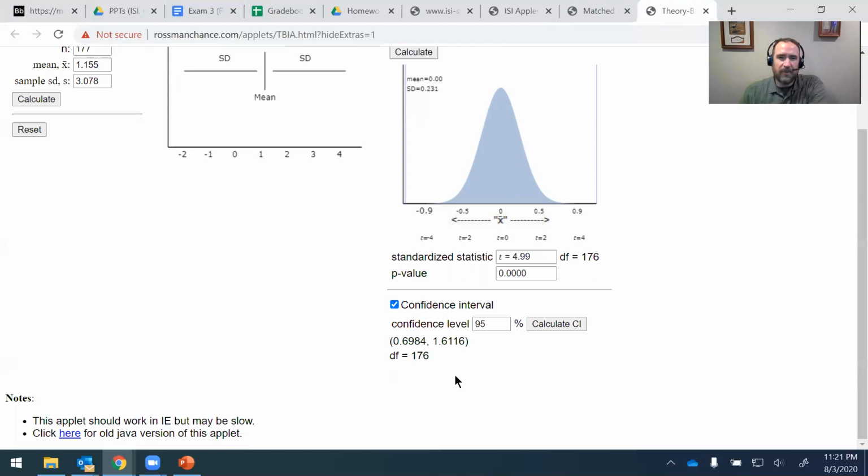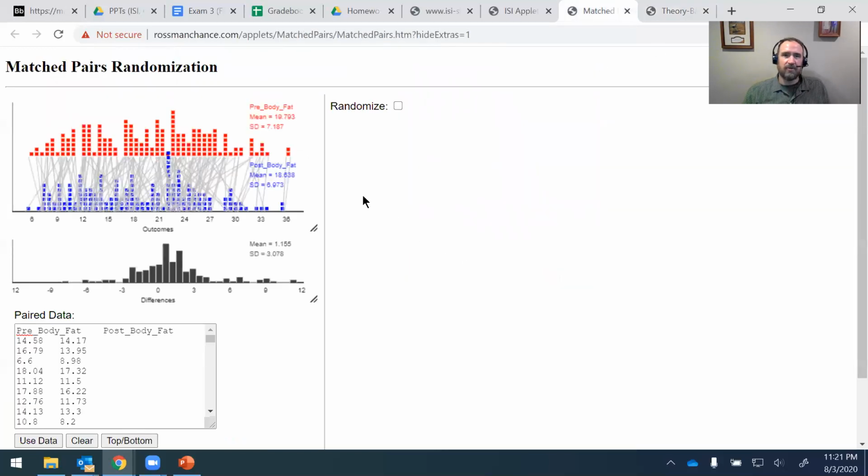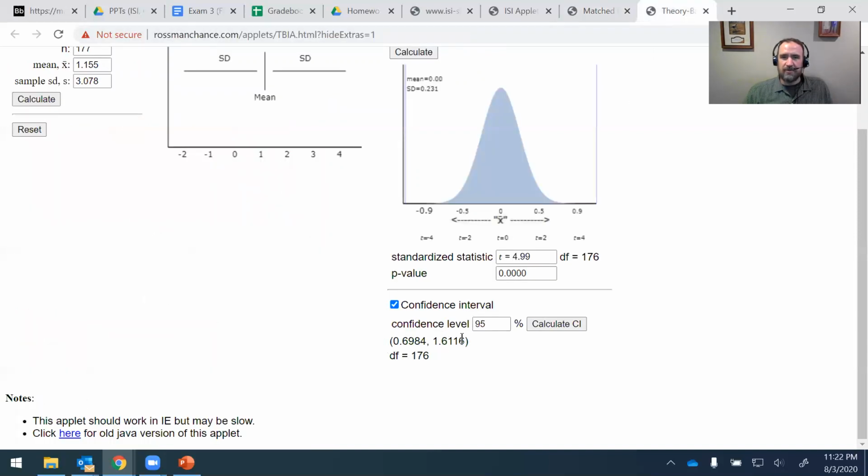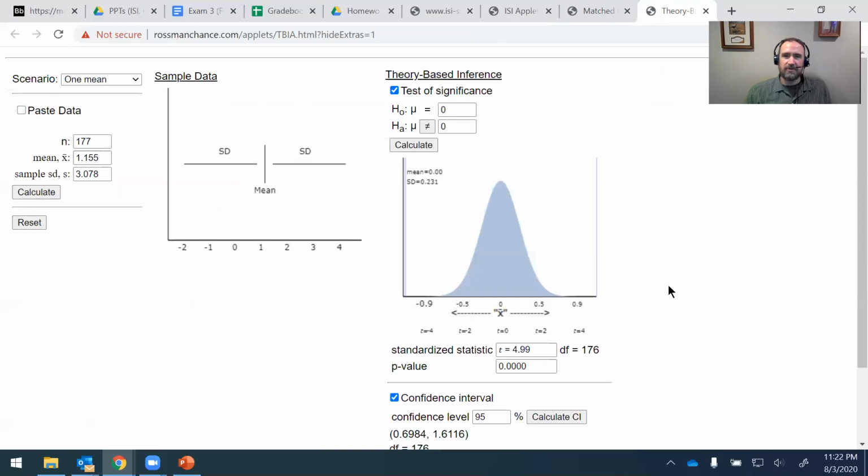So that difference in body fat, we'd expect to see somewhere around a positive 0.7 to a positive 1.6. And so if the body fat measurements are around 19 or 18, we're seeing a little bit of a difference there. A 0.7 difference, maybe you notice that, maybe not. But that's the size of difference we'd expect to see amongst the population.